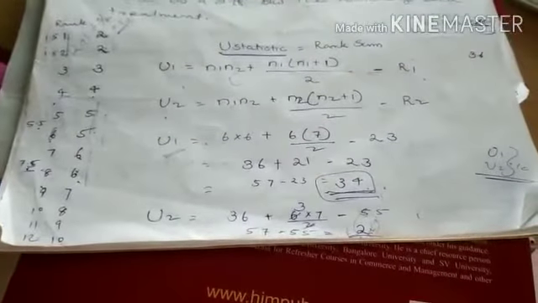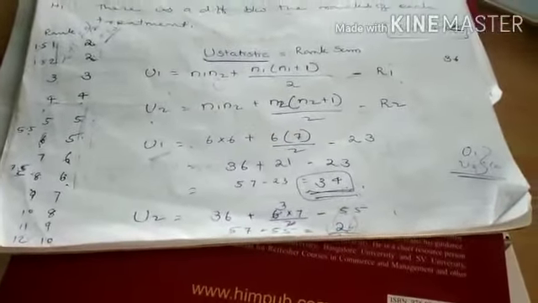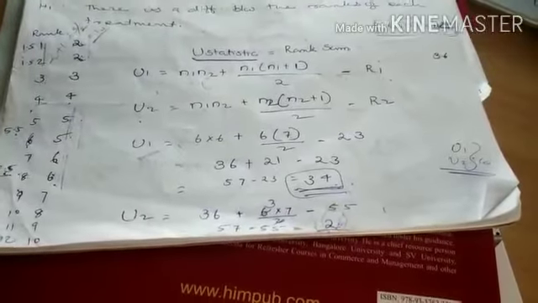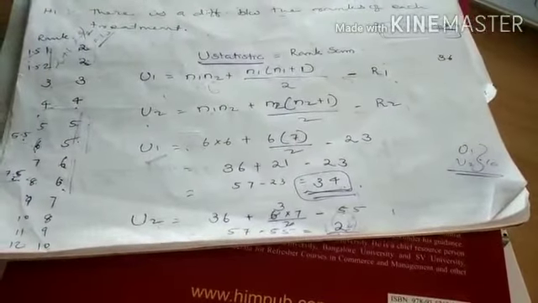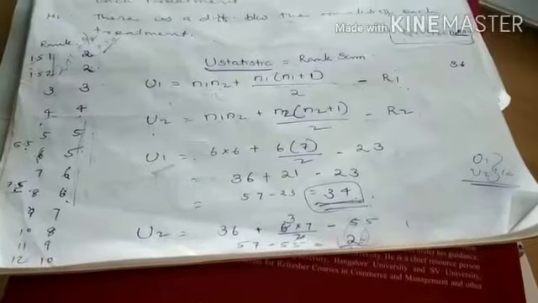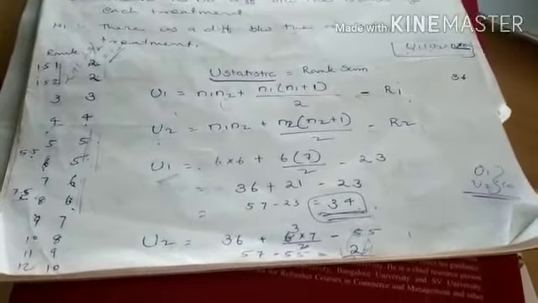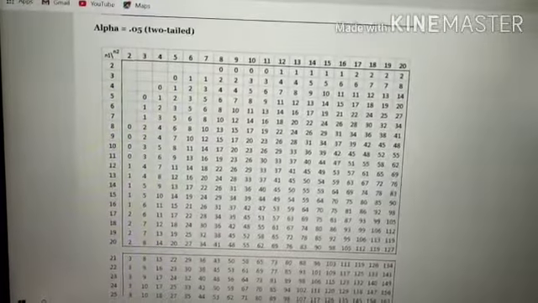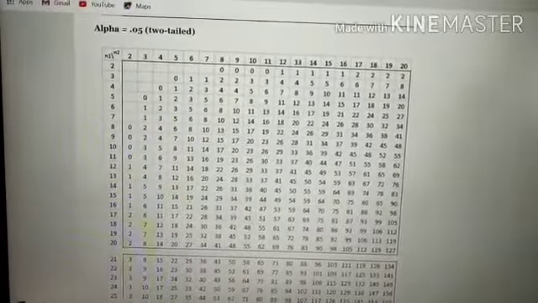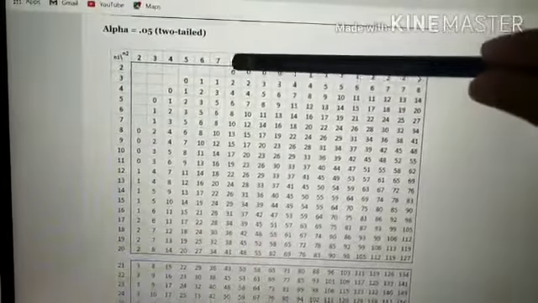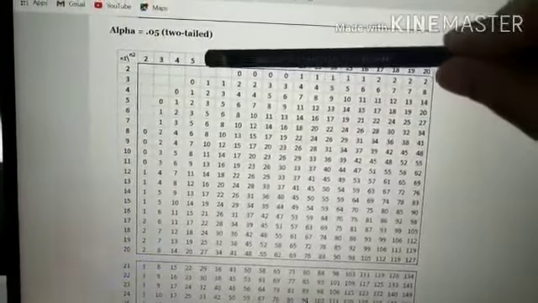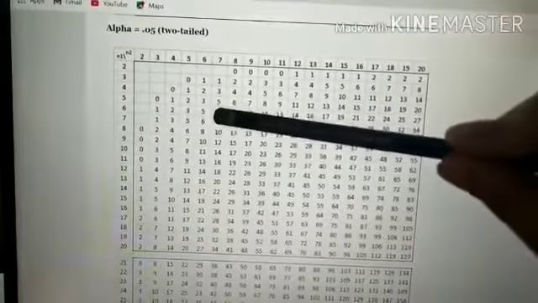Now we have to compare this U statistic with the table value. As discussed, our alpha value is 0.05, and this is a two-tailed test. This is the table of values for Mann-Whitney problems. You have to check for N1, our N1 is 6, N2 is also 6.